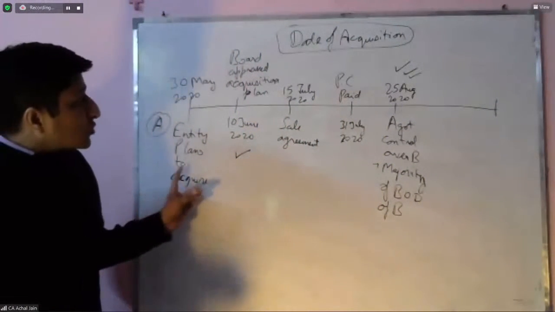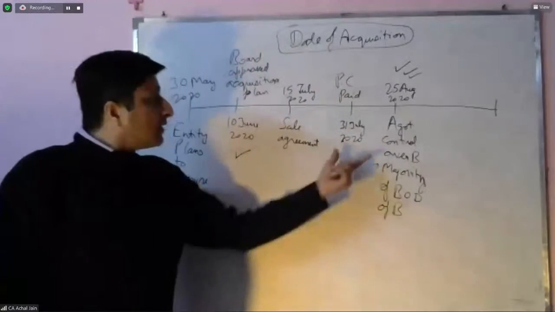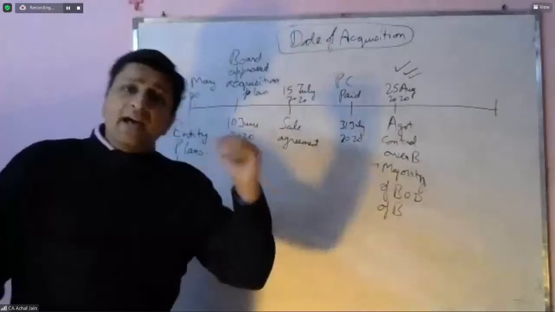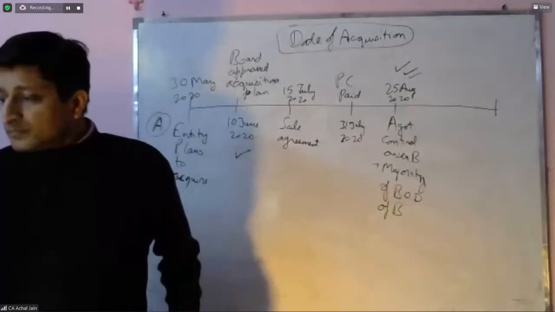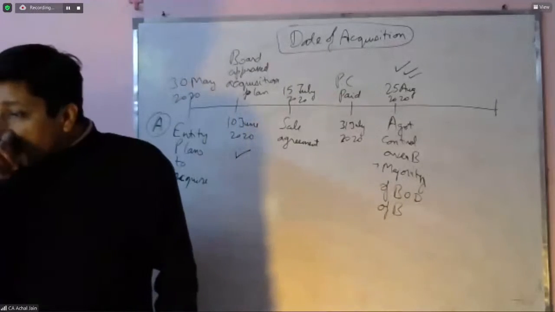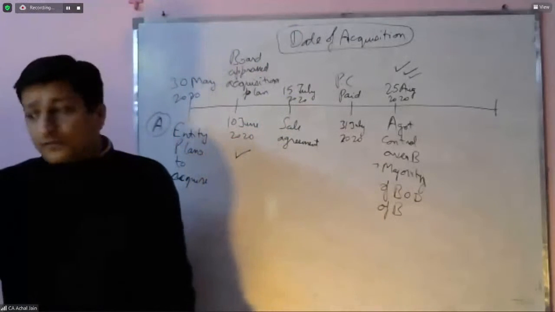Please remember there are so many things on this date. Entire money has been paid. On 31st July, entire money has been paid by A to B. Please remember that there are a lot of activities, a lot of events, all of them are critical.